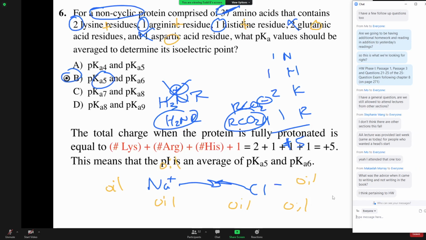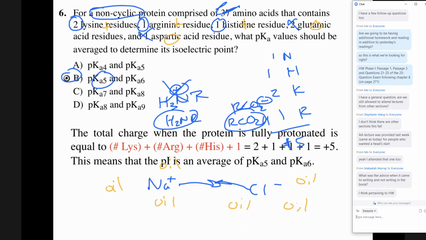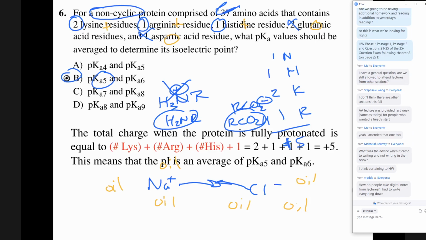And then, oh, you're welcome. Probably already gone by now because it's gray. General question, are we still allowed to attend lectures from other sections? Oh, Mo, I wish there was another section. In a perfect world with 50-something people enrolled, what we would have done up until this last summer was have 2 and most likely 3 sessions.